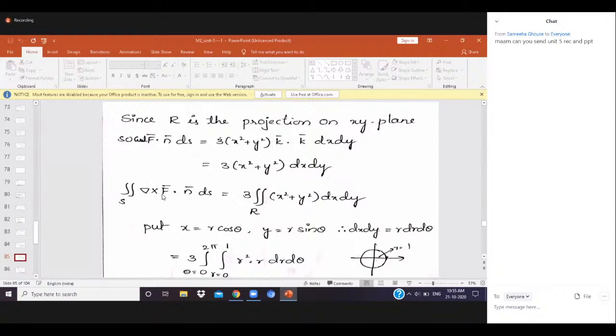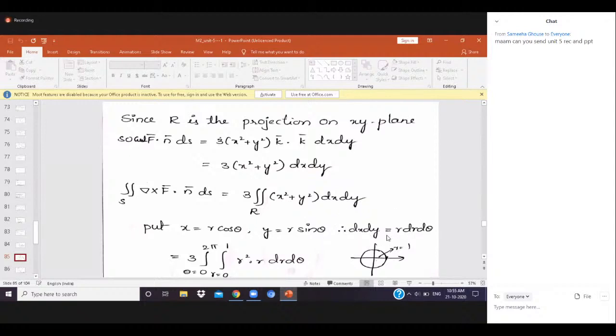Then the surface integral becomes 3 into double integral of x square plus y square dx dy. Then we write this in parametric form, and it becomes r square, because x square plus y square equals to r square, and dx dy equals to r dr d theta.